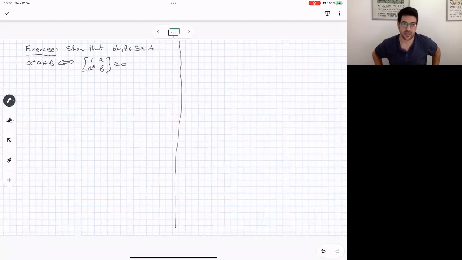The previous lemma was this lemma only with B equal to 1. To say that A star A is less than 1 is equivalent to saying that the norm of A is less than 1, right? Okay.